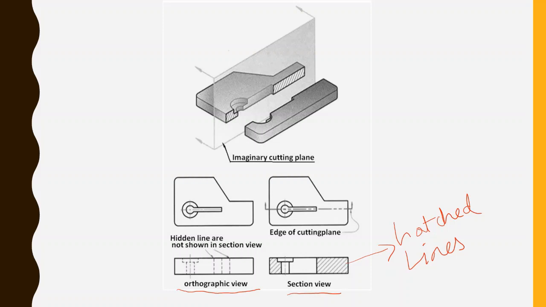When the cutting plane is cutting an object, during that time you indicate it by means of hatched lines, commonly called hatching, right? So you indicate the hatched lines and show that this is the cutting plane, we have cut the object, and these are the interior views. So now you are obtaining the interior views.